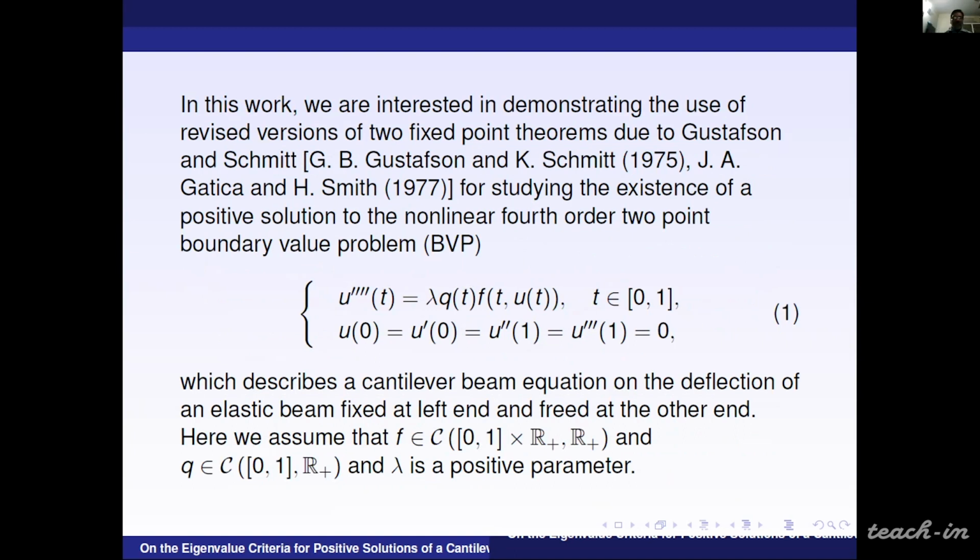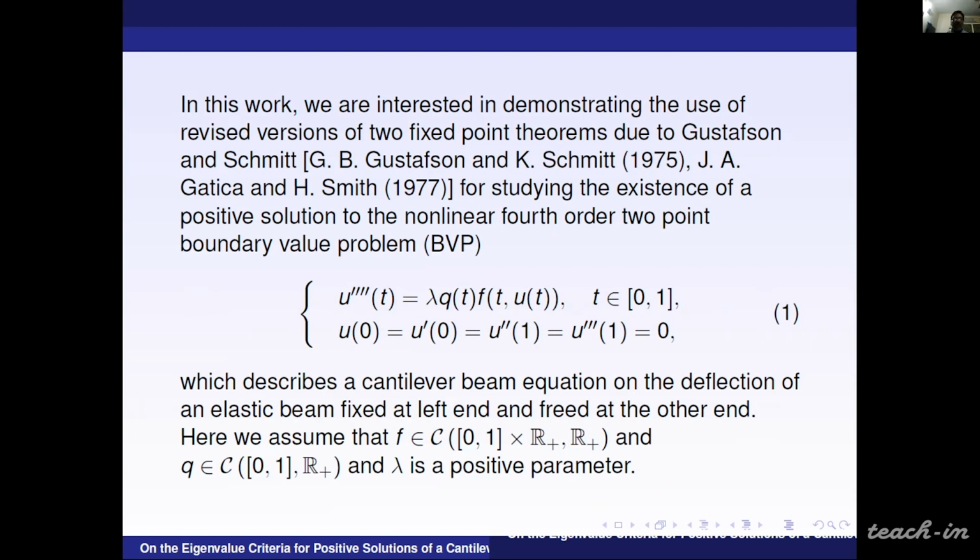In fact, this describes a cantilever beam problem on the deflection of an elastic beam fixed at one end, and the other end is completely free. A positive continuous function f, and q is also a positive continuous function, especially we can say non-negative, and lambda is a positive parameter.